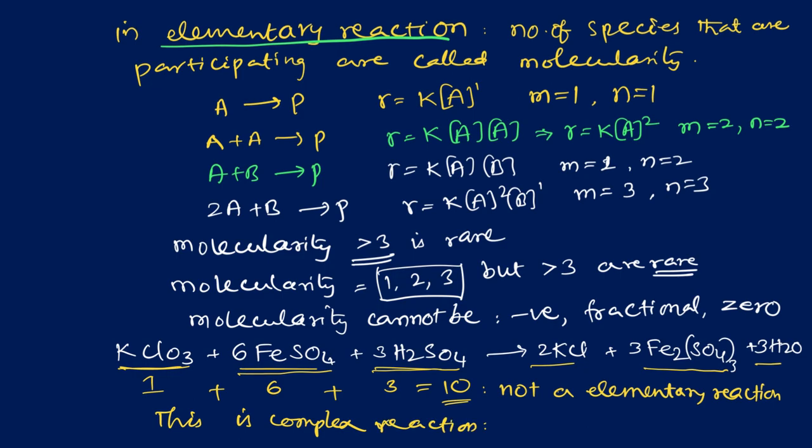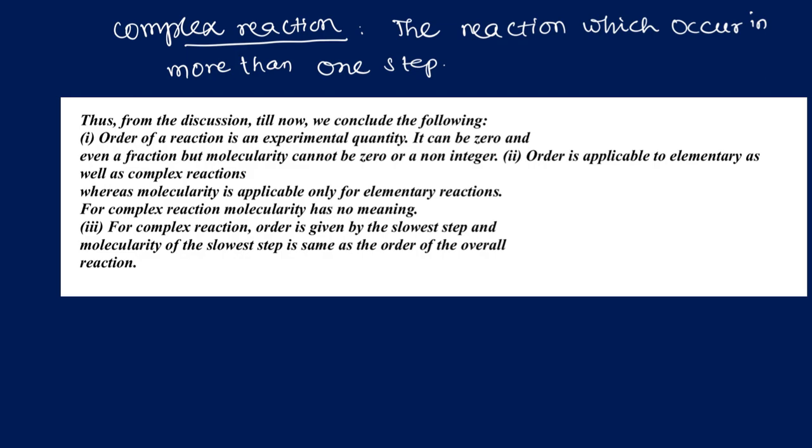What is a complex reaction? The reaction which occurs in more than one step. From all this discussion of elementary reactions and complex reactions, order of reaction is an experimental quantity, but molecularity we determine from the reaction mechanism.